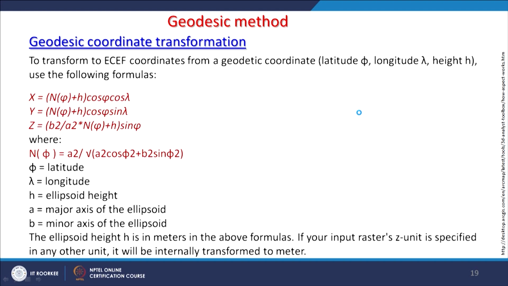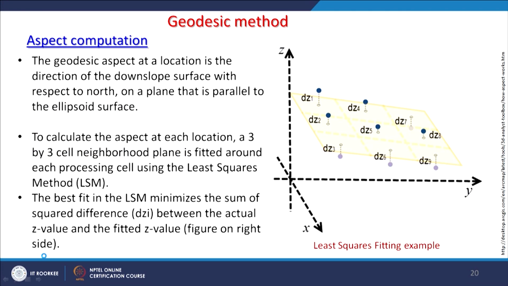Now, in this transformation, because this is a 3D Cartesian system, it has to be done for x, y and z, and then you will have this formulae, and this is for latitude, longitude and other details are also there for ellipsoidal height, because z is involved. So, that will also play a very important role.